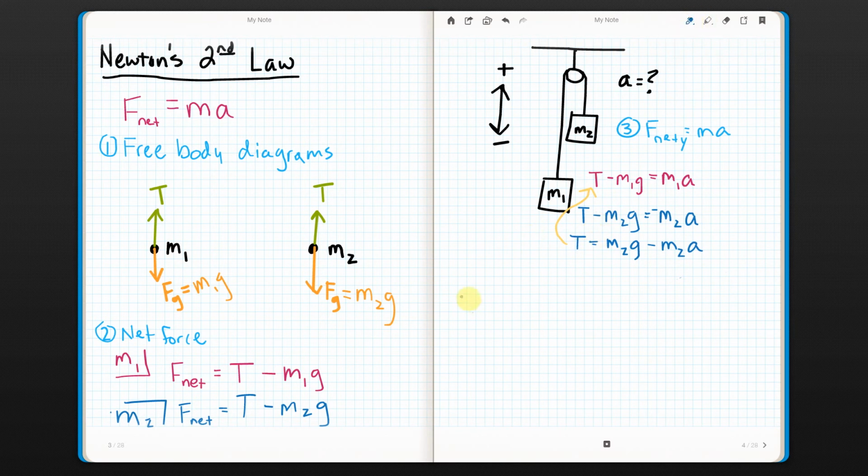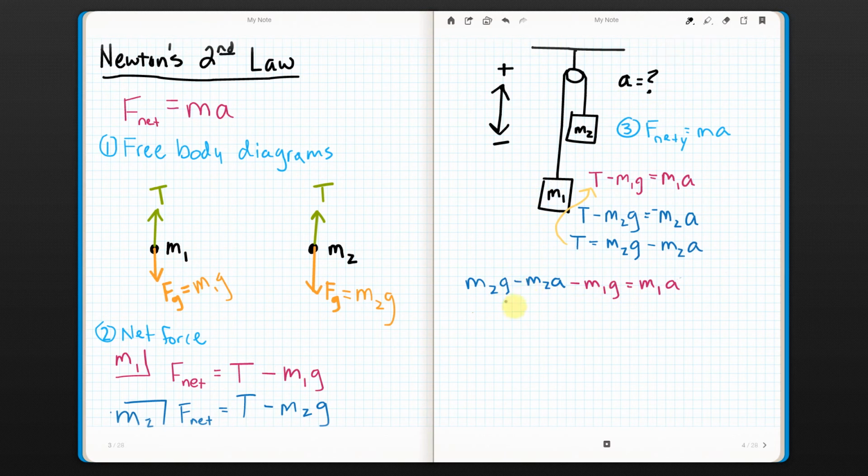That would give me M2G minus M2A, and then I've just replaced that T. I have to write the rest. So I've still got a minus M1G equals M1A, like that. I'm going to switch back to black now because I've combined the two colors into one equation.